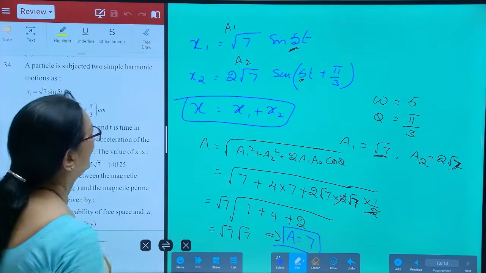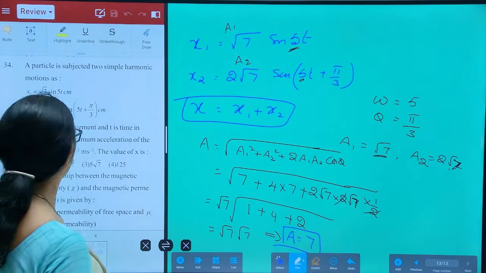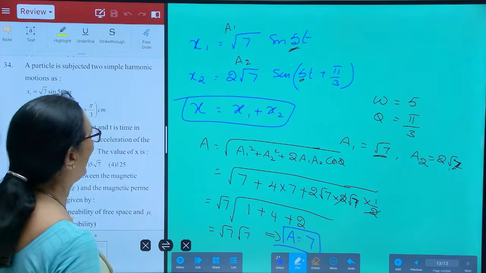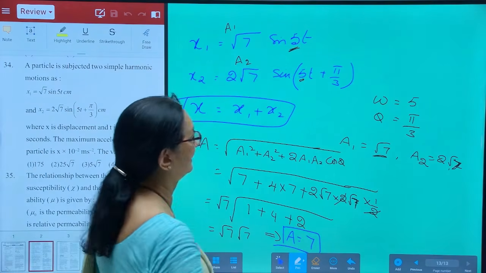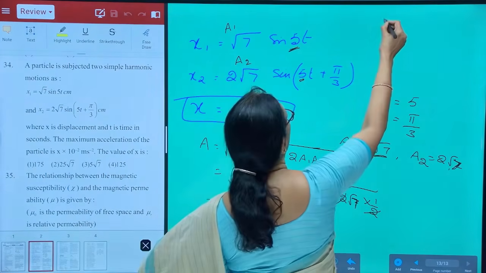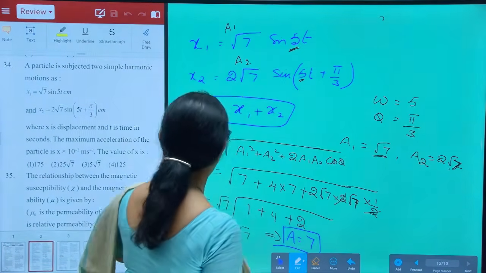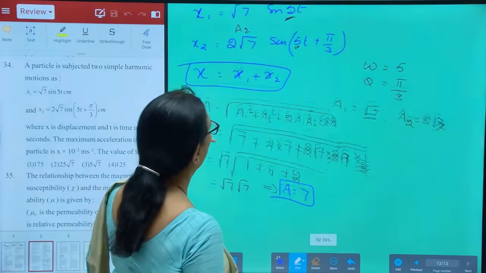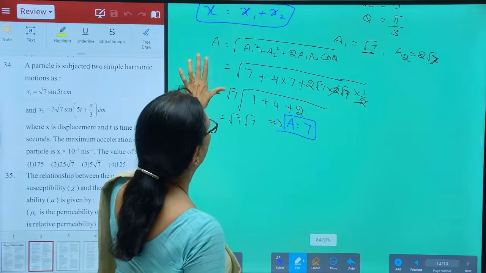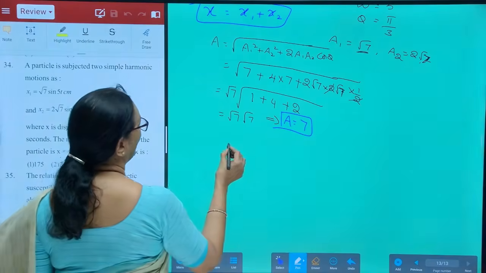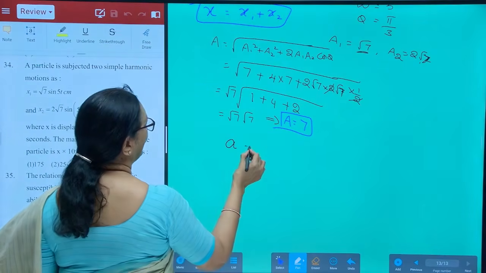Okay, so what is asked in the problem? You need to find out the acceleration of the particle. What is the formula for acceleration? See here. So, what is the formula for acceleration?